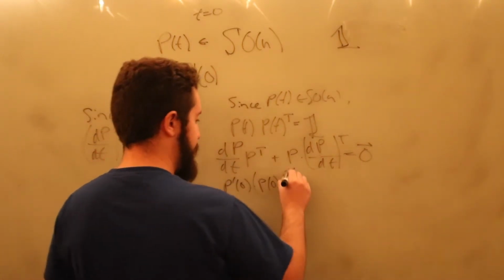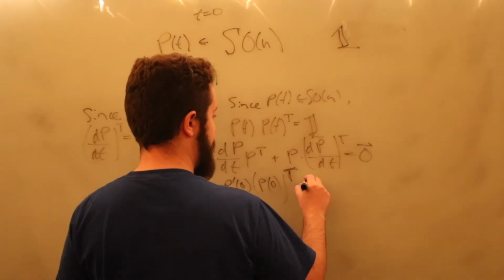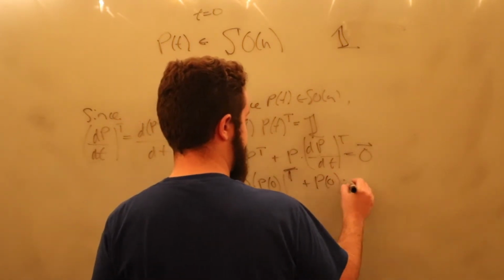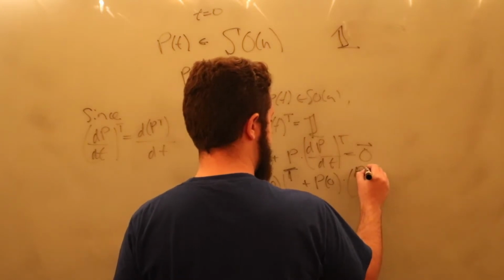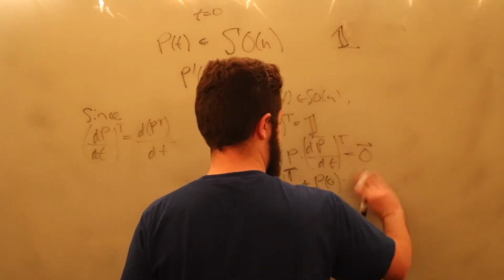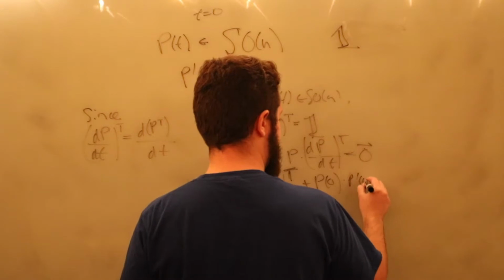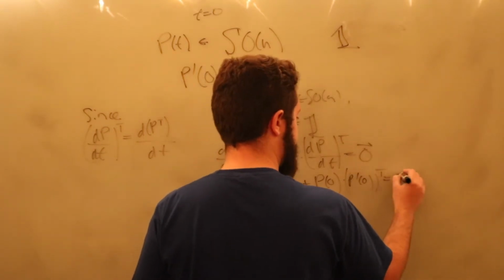Those can be done in either order. Plus P(0) times P'(0) transpose is equal to 0.